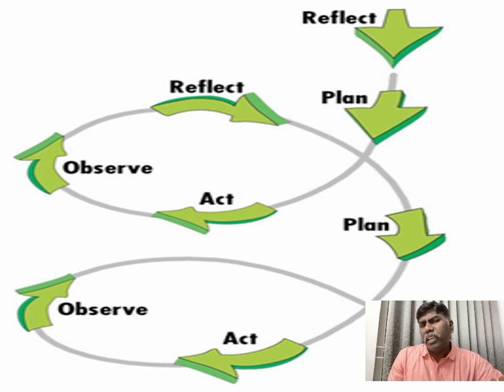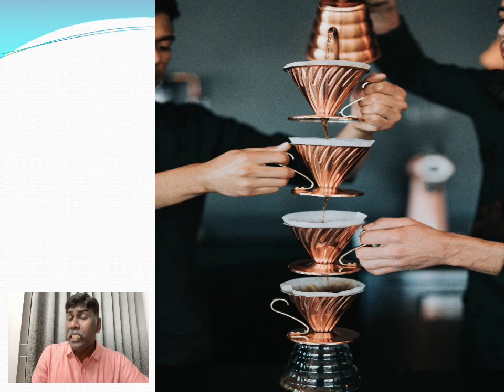Let me give a small picture. It is like a cycle: reflect, plan, act, observe, reflect, plan, act, observe. This is the way that a good teacher, a good practitioner should move on. I hope you understand. Look at this picture carefully. Filtering the tea or coffee.